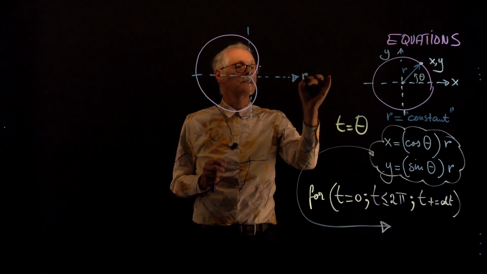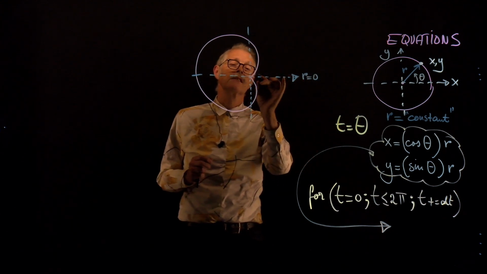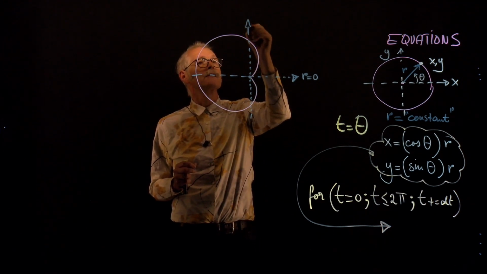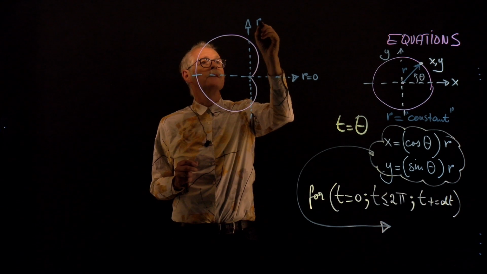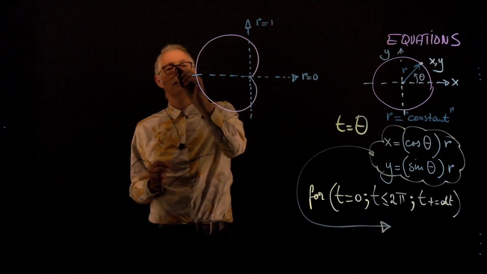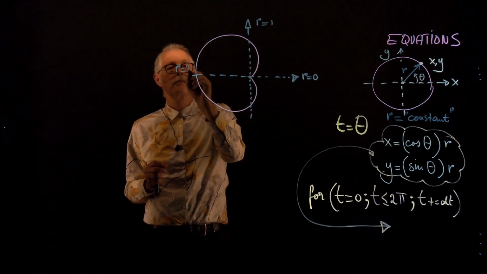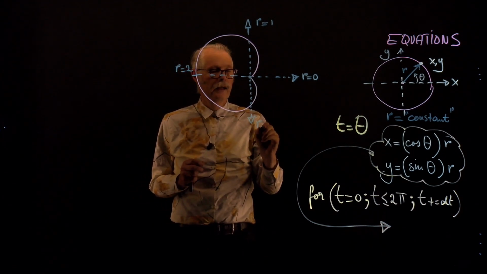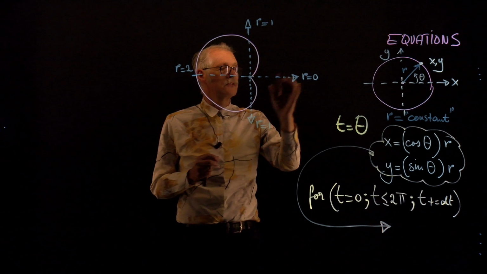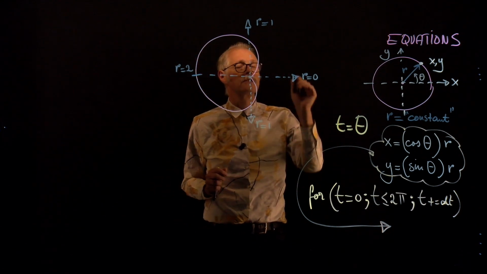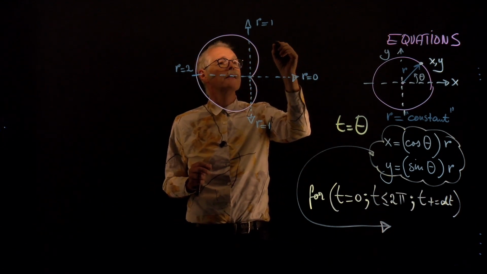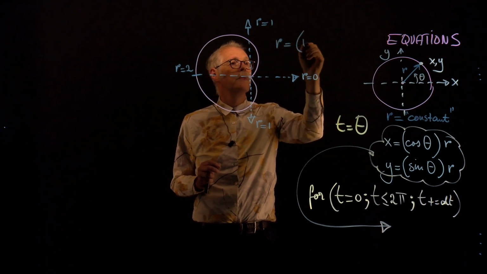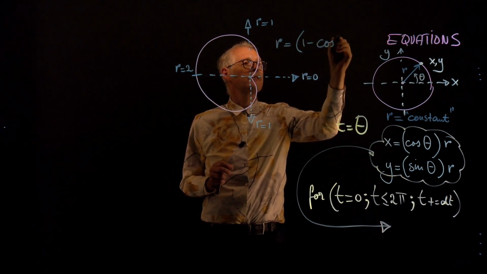Here the radius is 0 in that direction. For an angle of 90 degrees, we take an r being 1. Here we want to have an r equal 2. Here it's 1 again. And it turns out that in order to get this type of radius, there is a very simple formula, namely take the radius to be 1 minus the cosine of t.